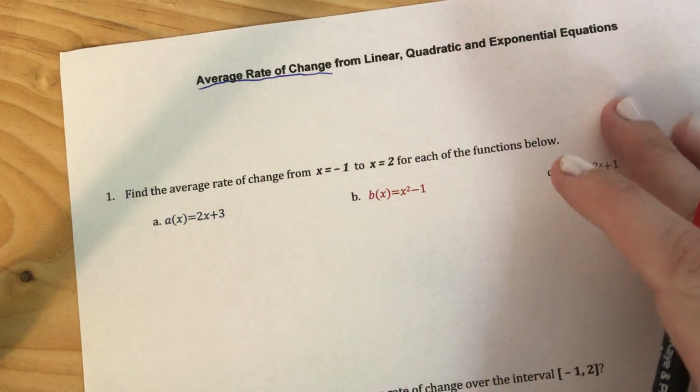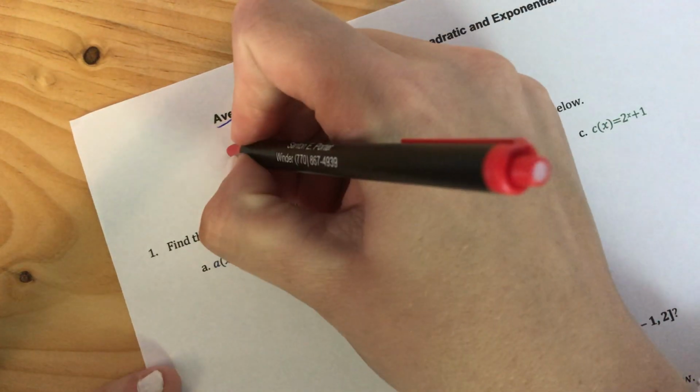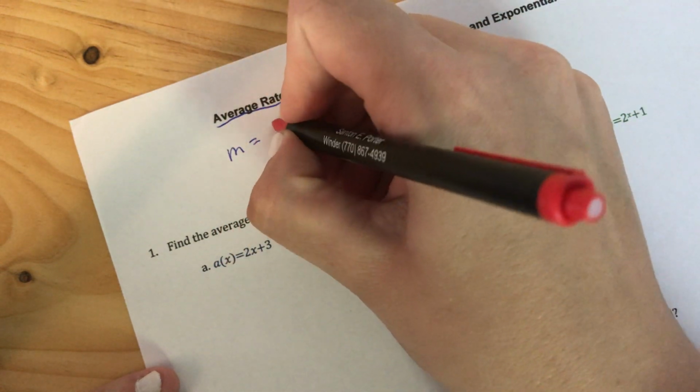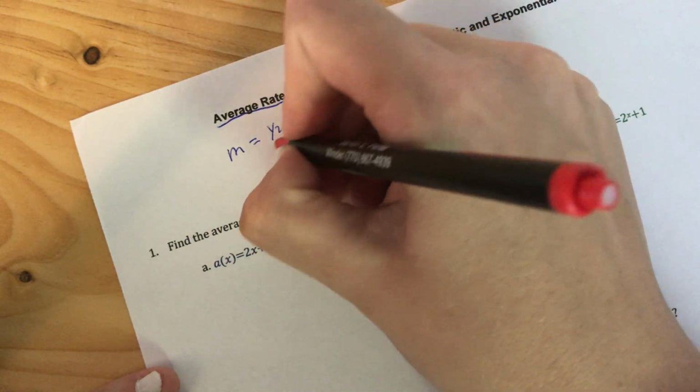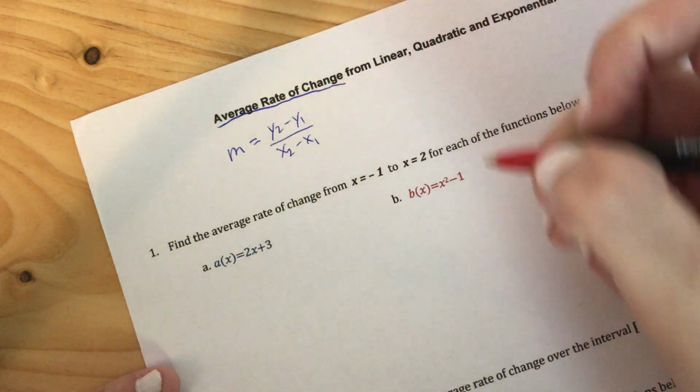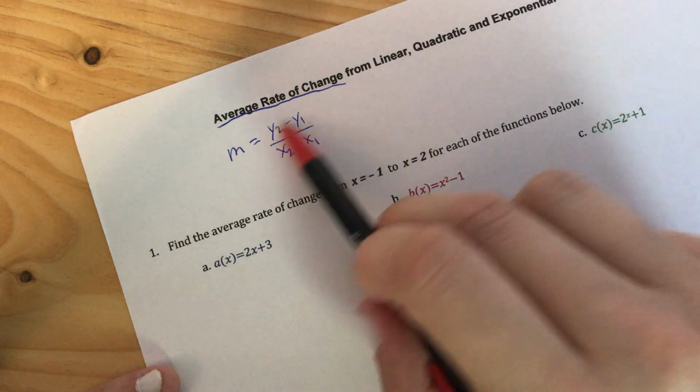So, if y'all remember your slope formula, m is equal to y2 minus y1 all over x sub 2 minus x sub 1. Okay, so we're basically using the same idea.